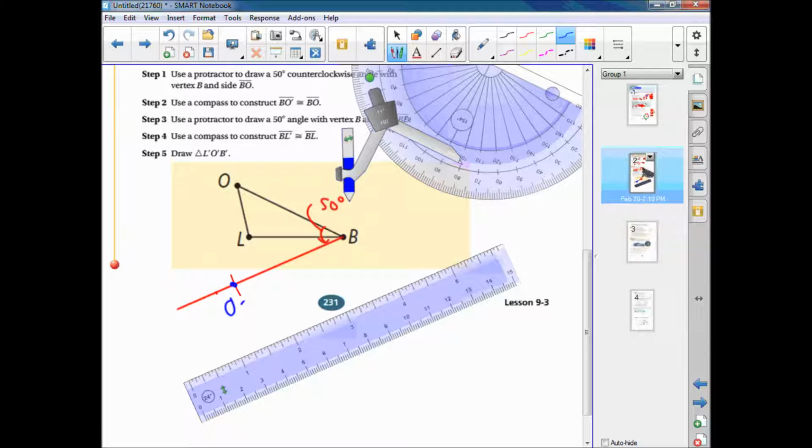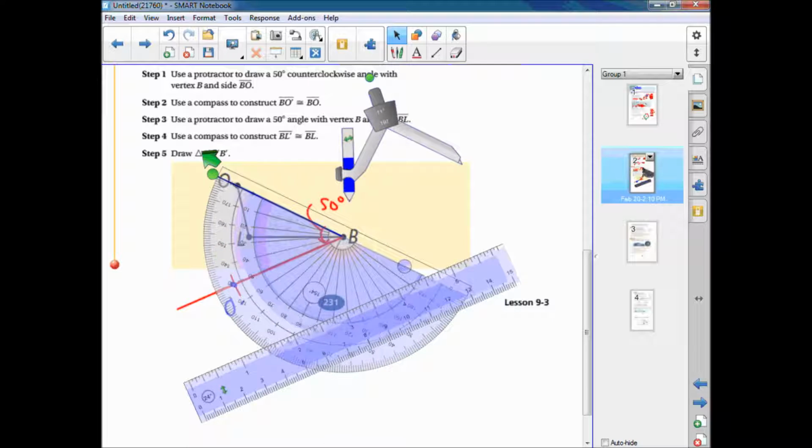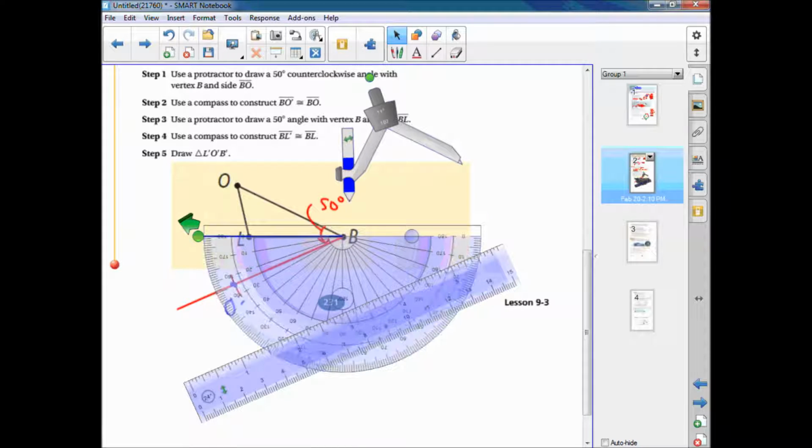All right, so we're going to do the same thing with L, because we've already built BO prime, just like we were supposed to, so that it's congruent in length to BO. And now we're going to do it with L. So the same kind of thing. We'll put the center of our protractor on B, and we'll rotate this around so it lines up with L. And then we're going to measure out a 50-degree angle, and I'm going to do it in red again here. So here's my 50 degrees. Okay.